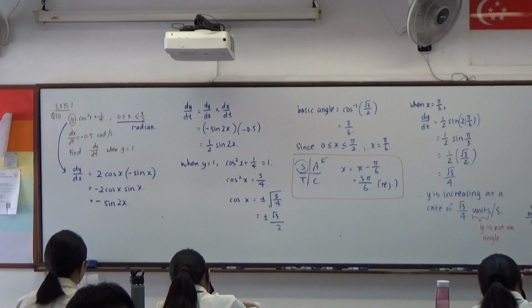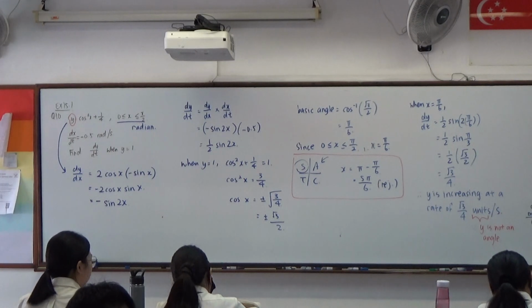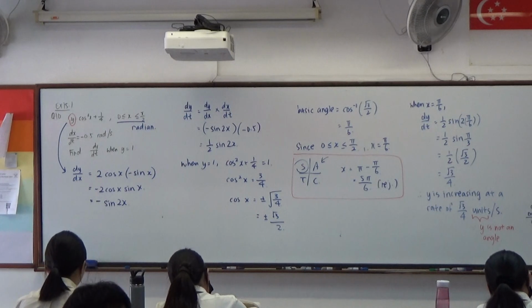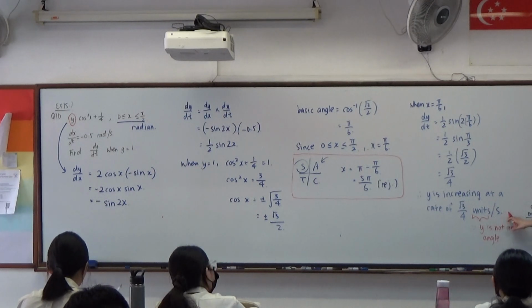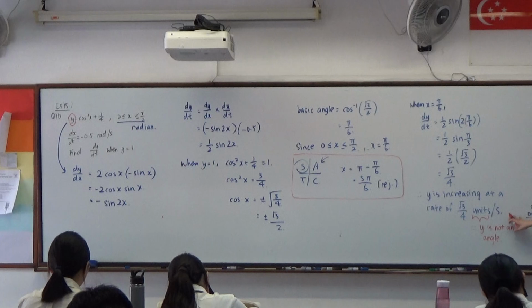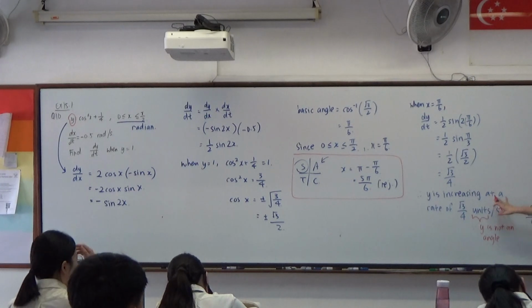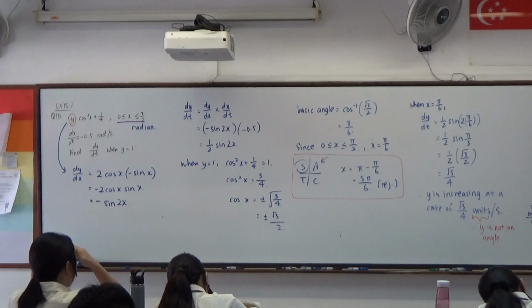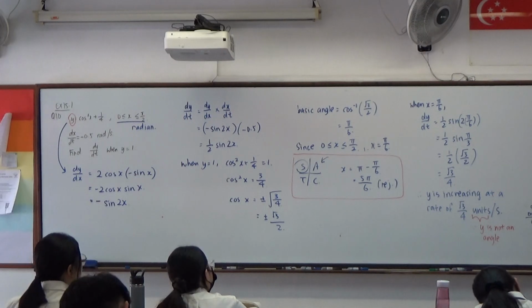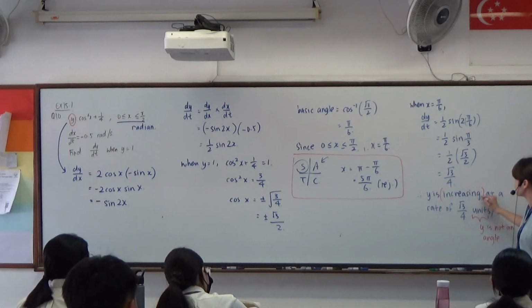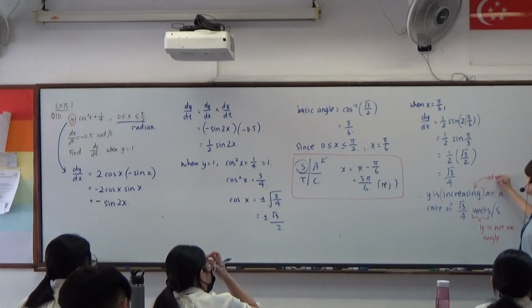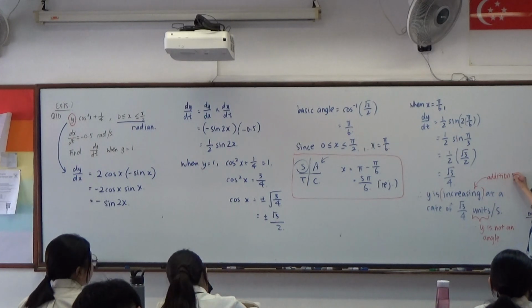You can just say that the rate of change of y is square root 3 over 4 units per second. You need not tell me that it is increasing, because the question didn't ask whether it is increasing or decreasing. So this is just an additional piece of information for us.